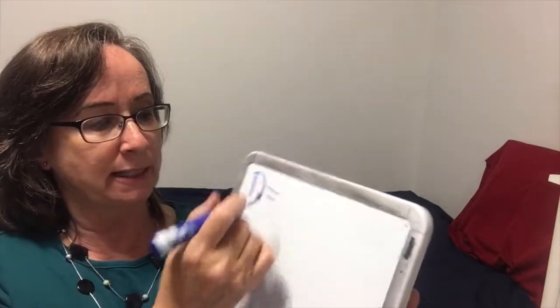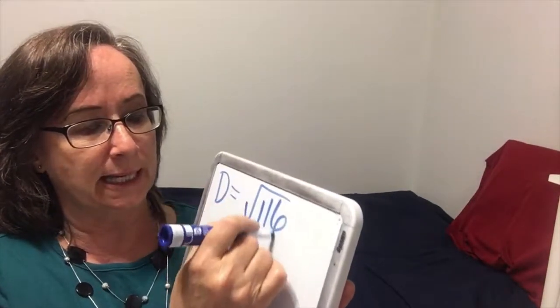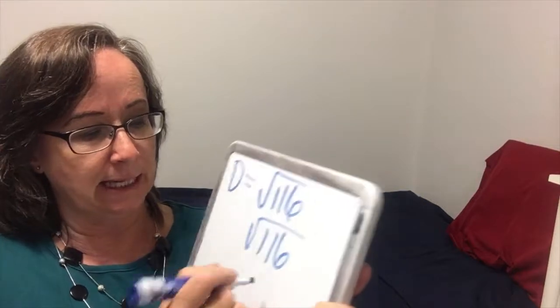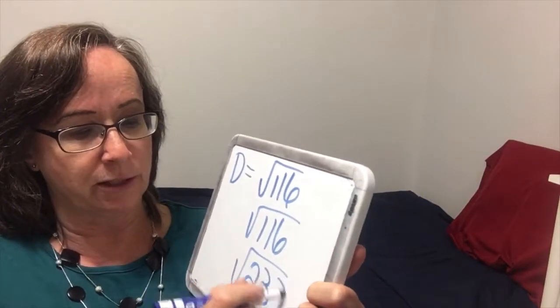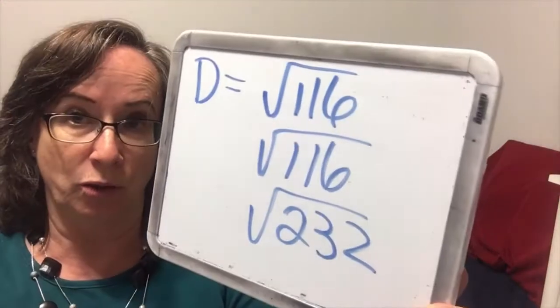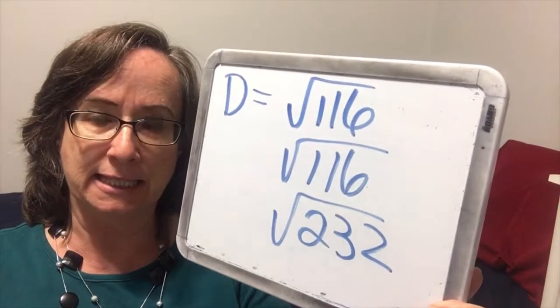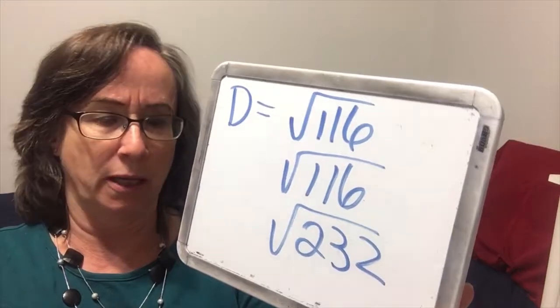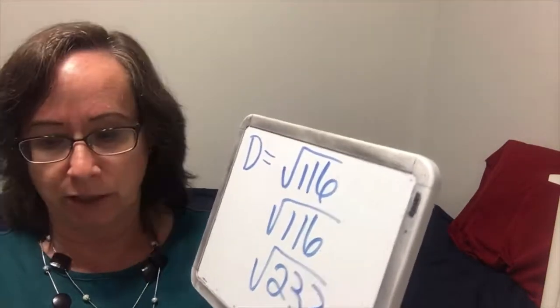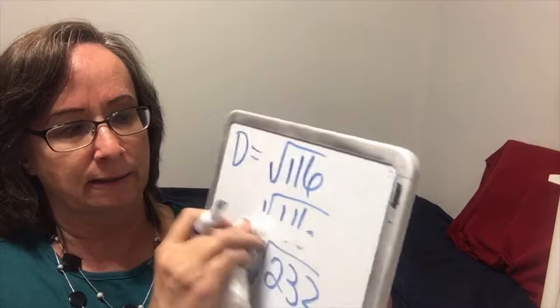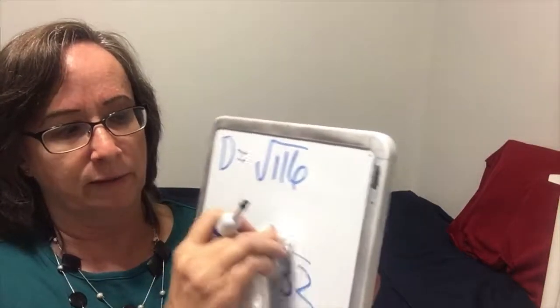Now, the last thing I want to show you, on one more board, is how to simplify those sides. Remember, the distances were square root of 116, square root of 116, and square root of 232. If I were asked to tell the distances, I wouldn't leave them in that form. I'm only going to do the 116 once, because I don't need to do it twice.